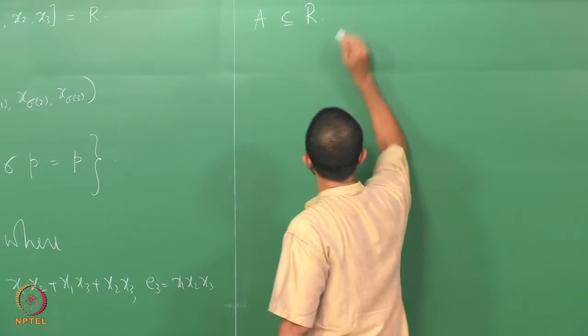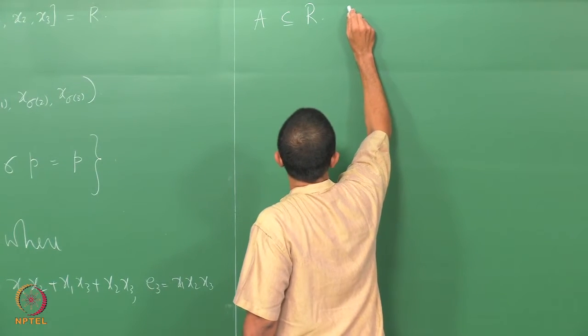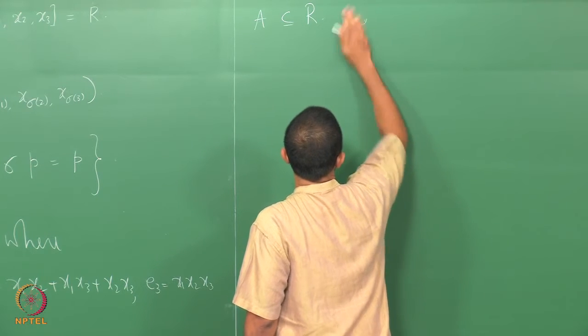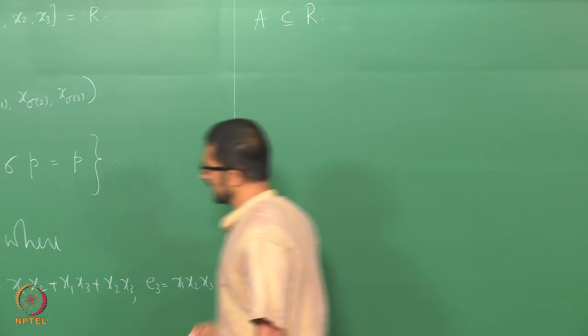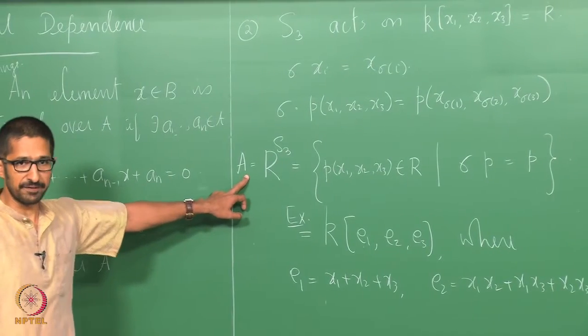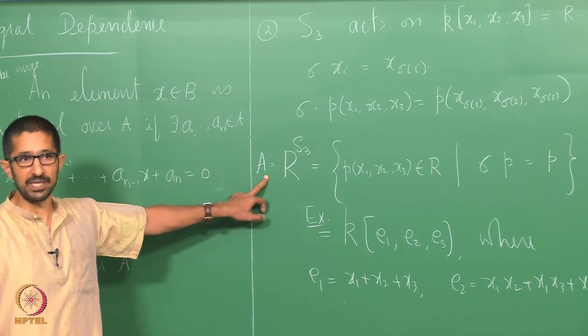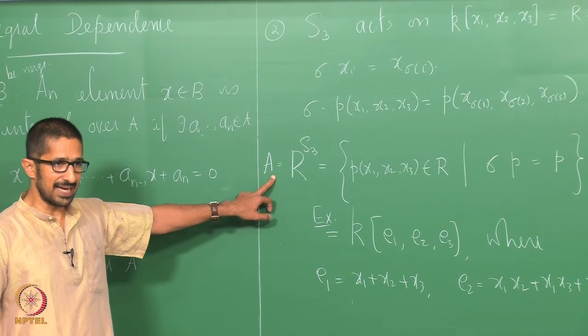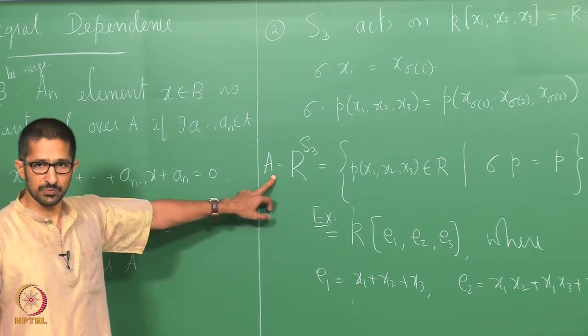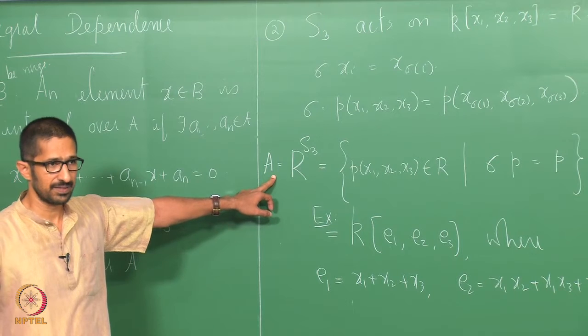So what is the idea? When would you say that x1 is integral over A? If I can find a polynomial, let us say p(y), such that you put y equal to x1, it is 0. Okay.